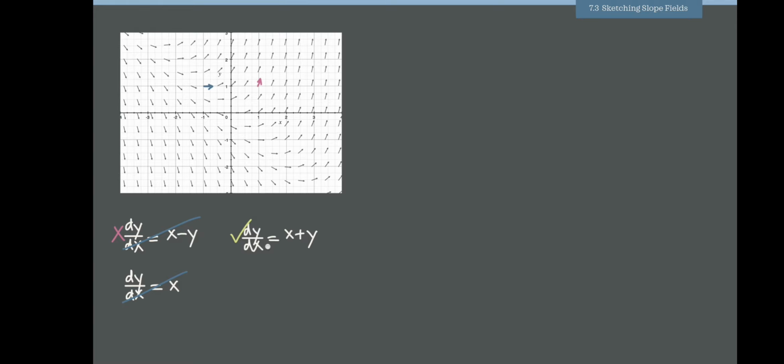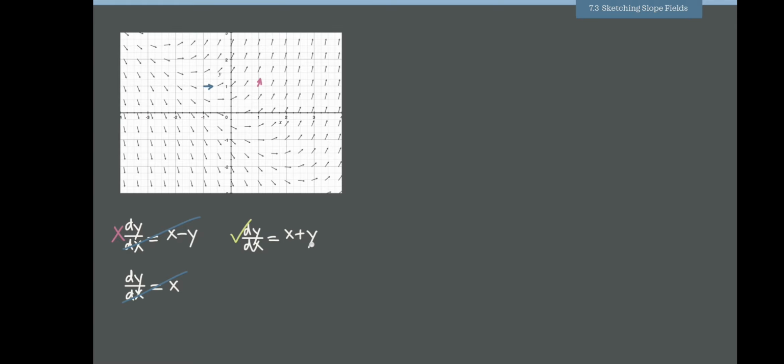And we can continue to test more and more points to verify that this is in fact the correct equation. One other thing you can do is kind of look at a macro level. If we look at this slope field, we notice that every arrow in the first quadrant has a positive slope.